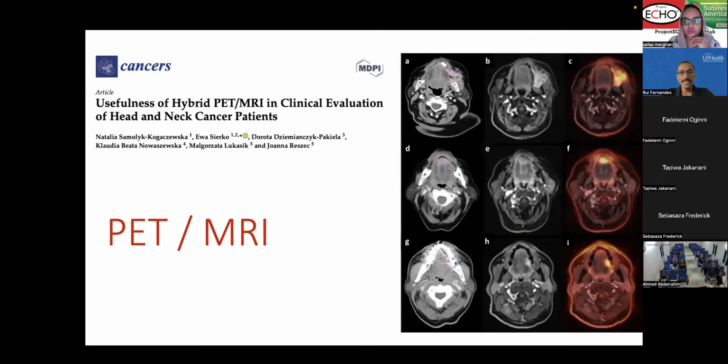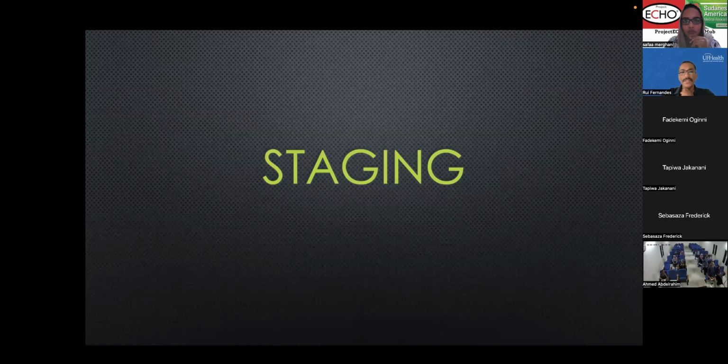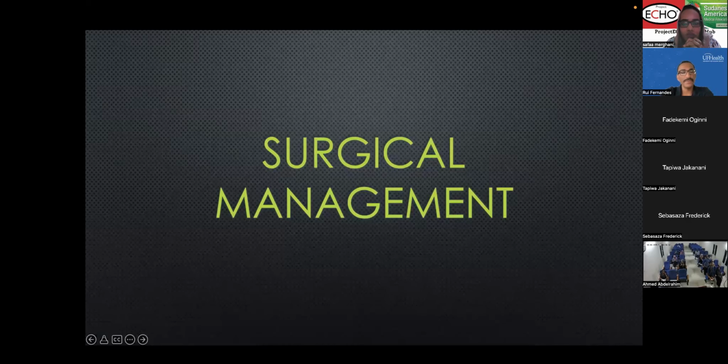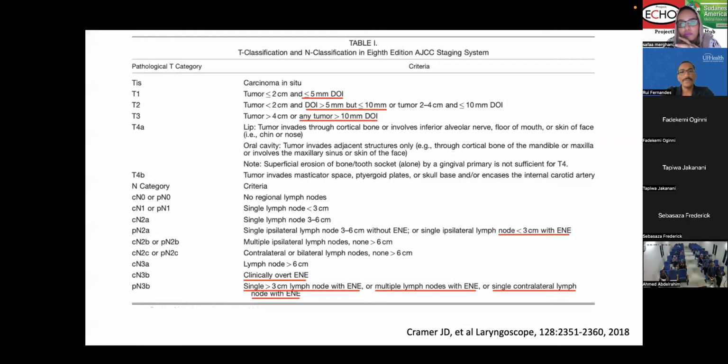In terms of staging, the only thing that I would touch upon is the fact that since 2018, the depth of invasion now plays a role in terms of what a T1 is. It's less than 5 millimeters, but consistent with the previous staging, less than 2 centimeters. If you have a depth of invasion between 5 and 10, that is a T2, and greater than 10 is a T3.